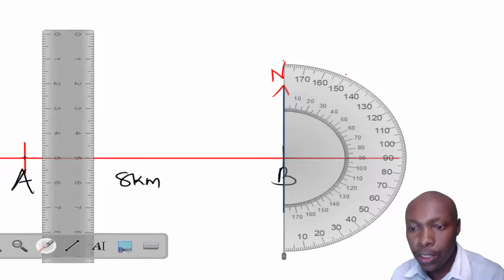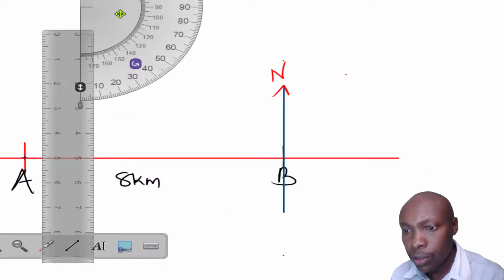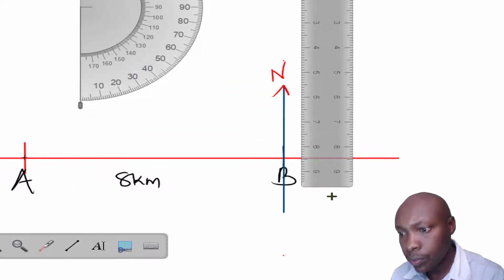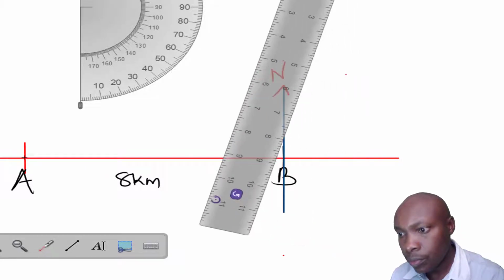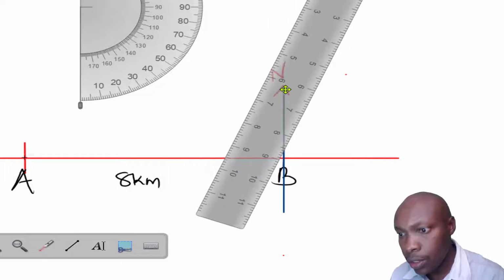So after doing that, you can take your ruler.